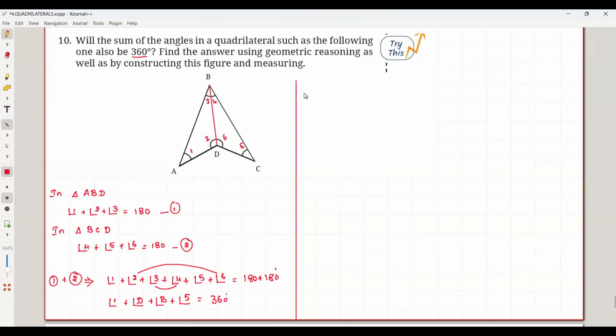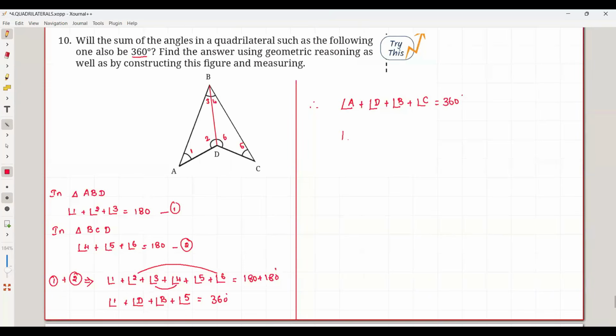Angle 1 I can just write as angle A. So angle A plus angle D plus angle B plus, instead of 5, I can write angle C is equal to 360 degrees.